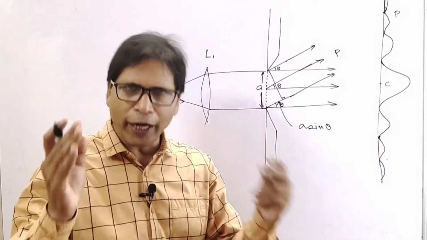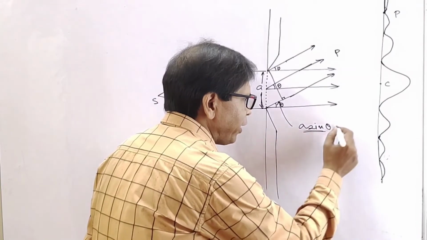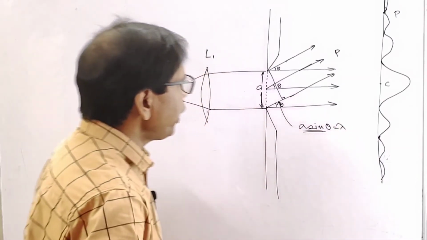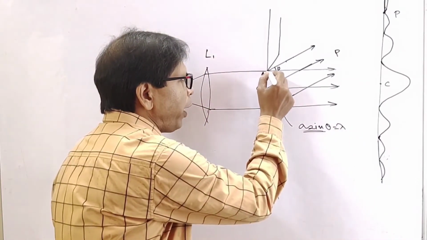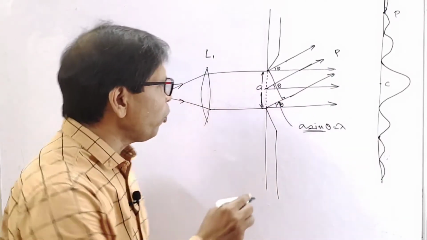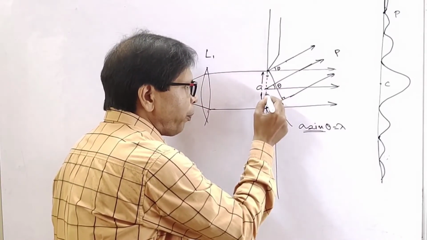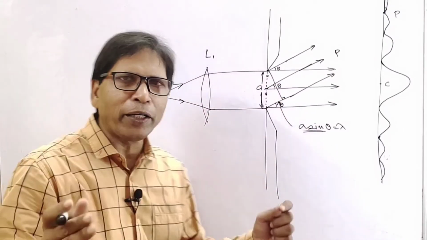Okay? Now look at this. If the path difference a sin theta equals lambda, then the path difference between this point and the midpoint is lambda by 2, and this point and the corresponding point of the next half is also lambda by 2.